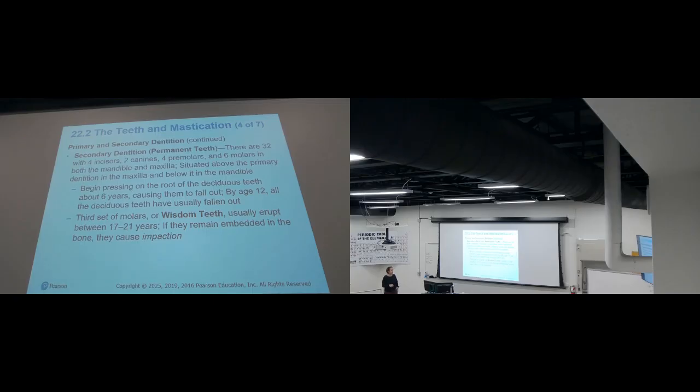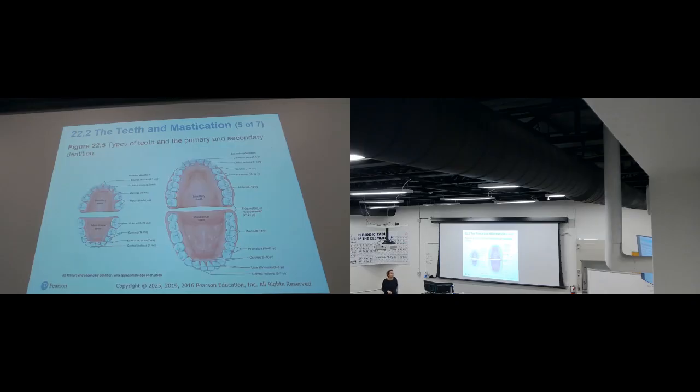The third set of molars can erupt between 17 to 21 years old, and sometimes they can cause trouble because they can be horizontally located like that and be pushing the second molar, can cause damage to these second molars in the roots. And the lack of eruption is known as impaction, and sometimes you have to take them out if they create a lot of problems.